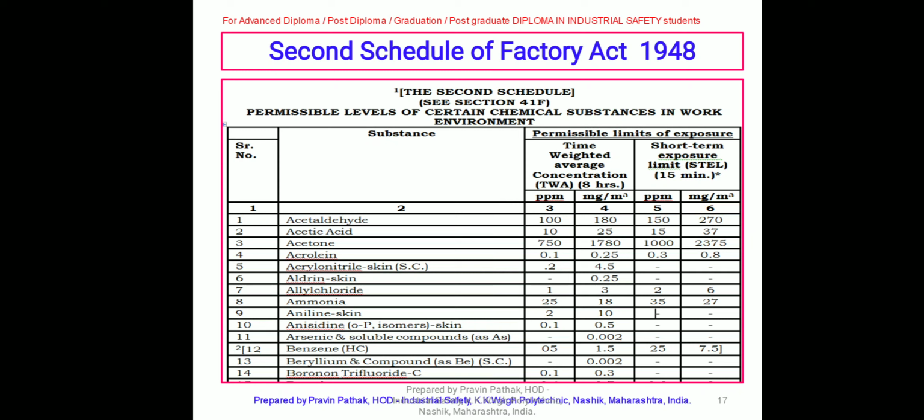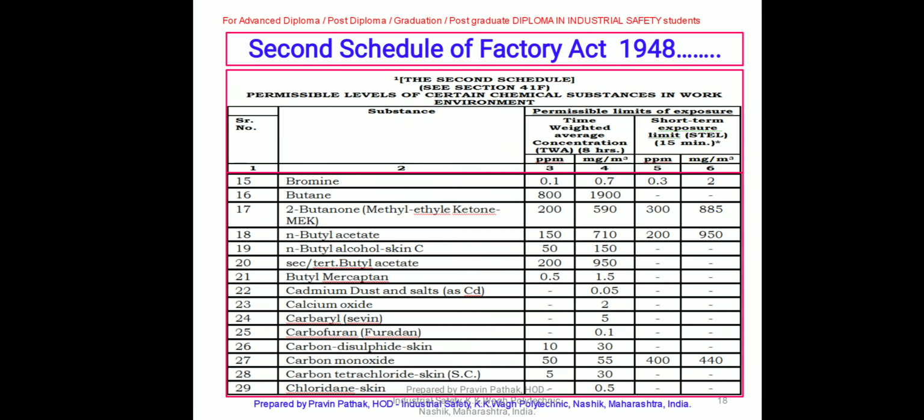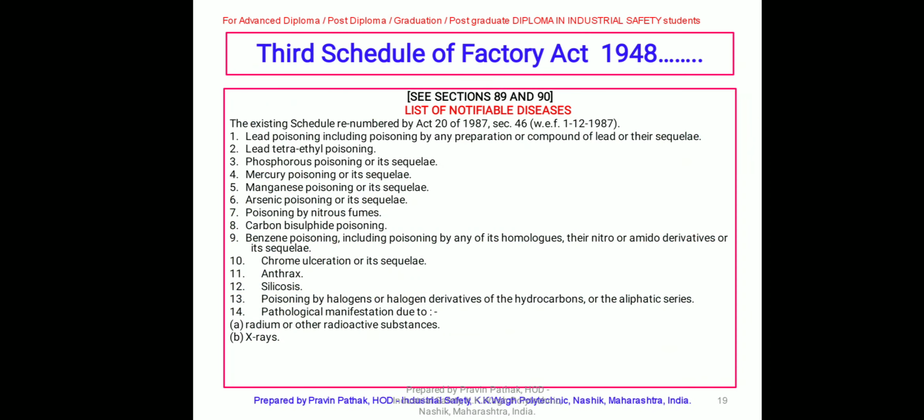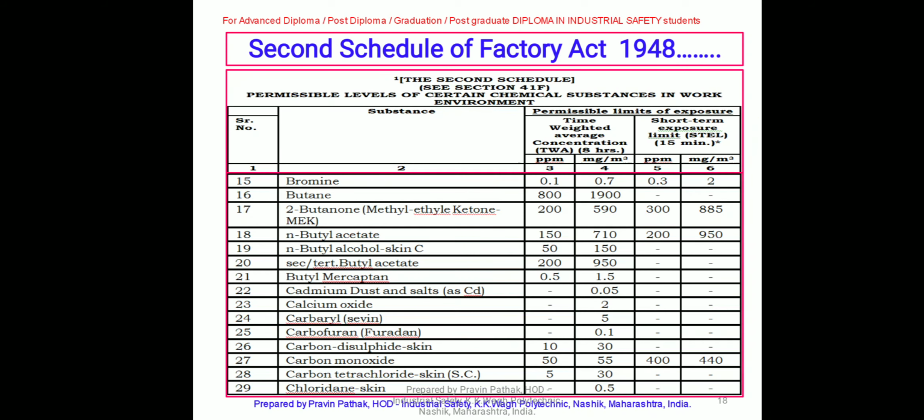These are the permissible limits of exposure. It is also called PEL values or permissible limits. So these are the PEL values given for the chemical substances in work environment, and there are different substances which are listed under this second schedule.